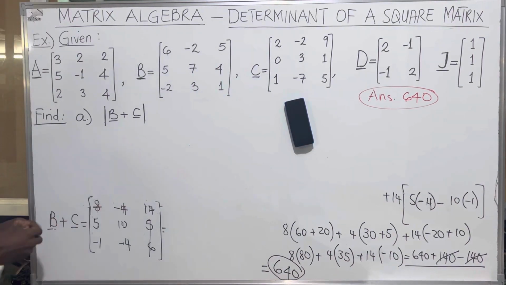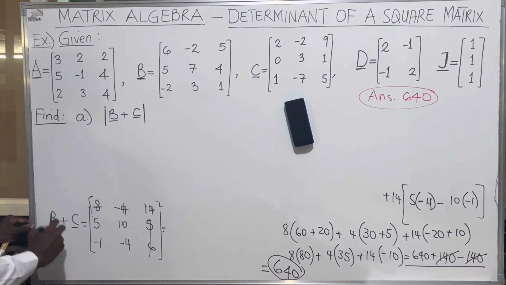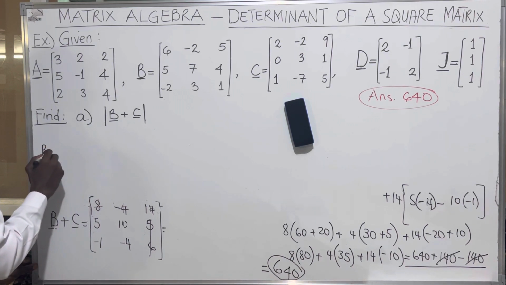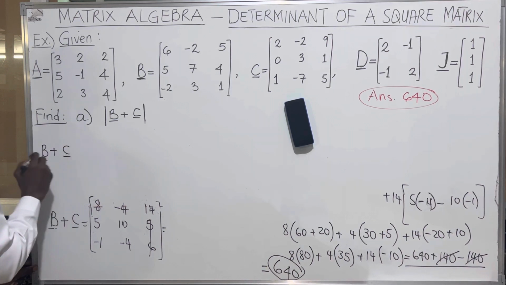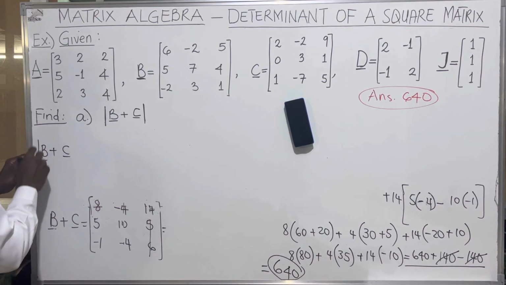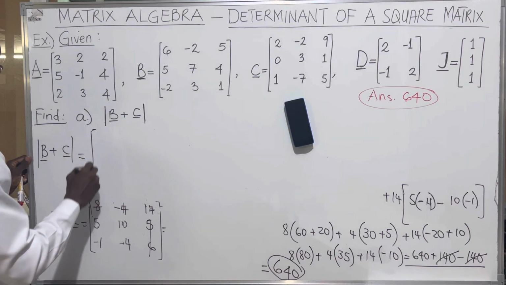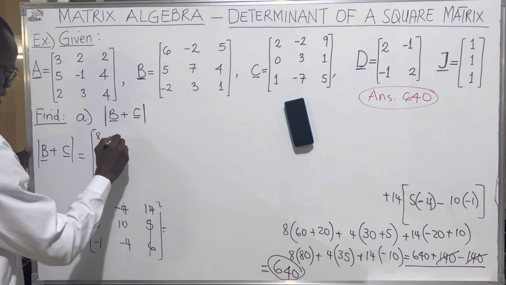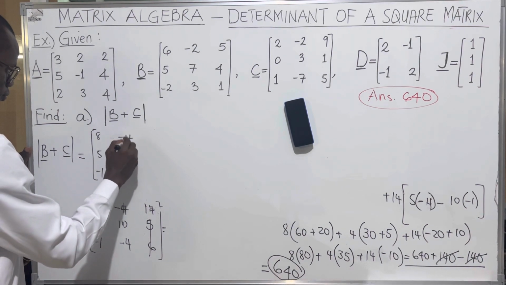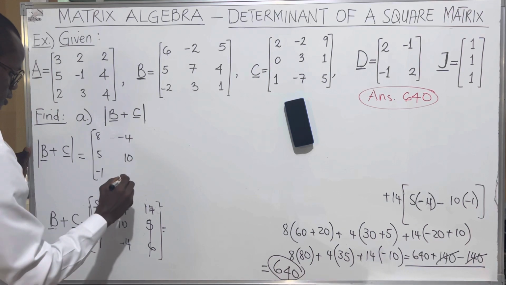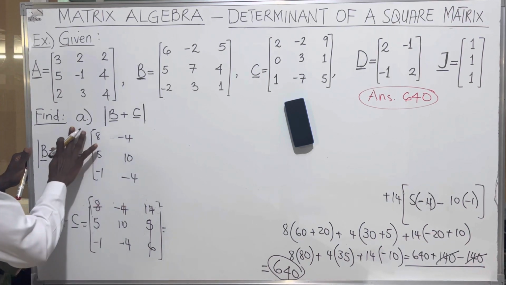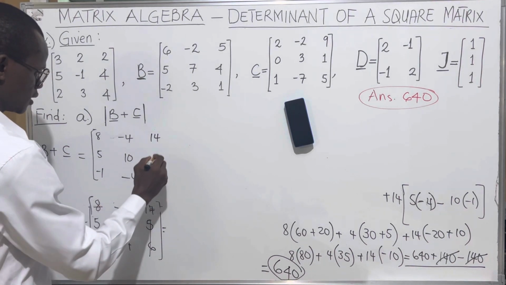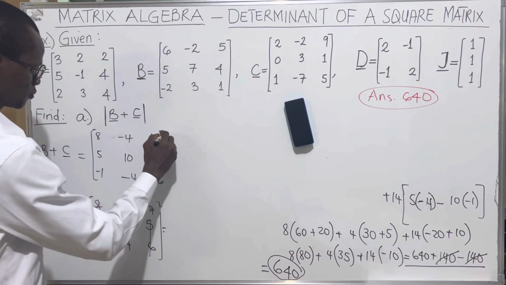So we have this expression to be B plus C. So this now is equal to, now what we can first do is minus 4, 10, minus 4. Okay, so this is not the determinant yet. This is 14, this is 5, this is 6.